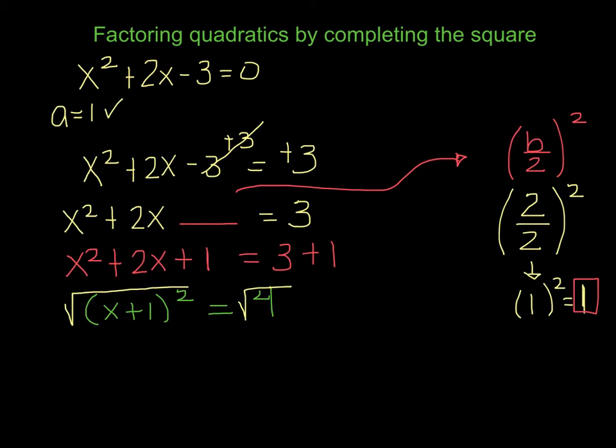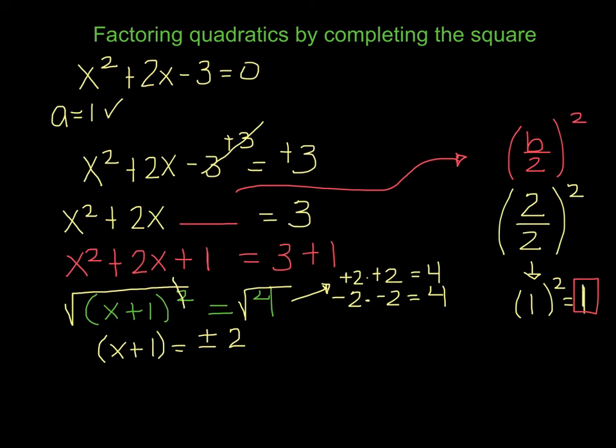On my left side, I notice that the power of 2 and the square root cancel each other out, and I'm left with x plus 1 equals plus or minus 2. Now you're going to ask yourself, where did I get the plus or minus 2? Well, remember from previous lessons, we noticed that plus 2 times plus 2 is equal to 4. But we also noticed that negative 2 times negative 2 is also equal to 4. And that's where we're getting the plus and the minus here.